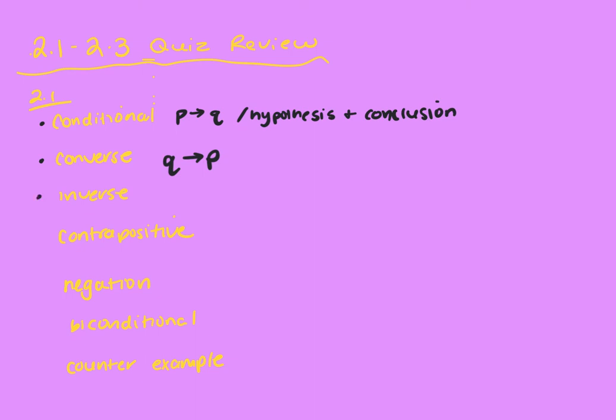The inverse is the not P followed by the not Q. So we negate both the if and the then of the original. The contrapositive is the combination of the two. We switch it and negate it. So not Q, then not P. The negation is the opposite.